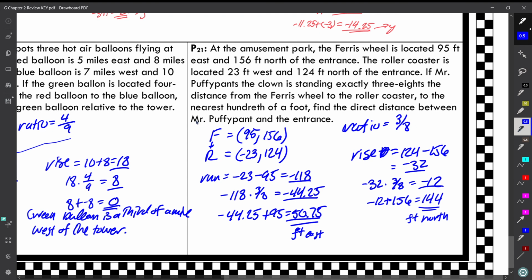So Mr. Puffy Pants is 50.75 feet east and 144 feet north of the entrance.